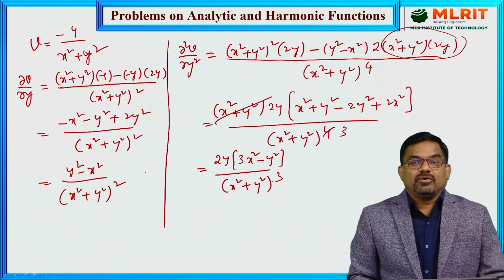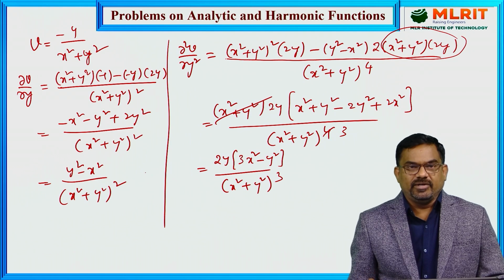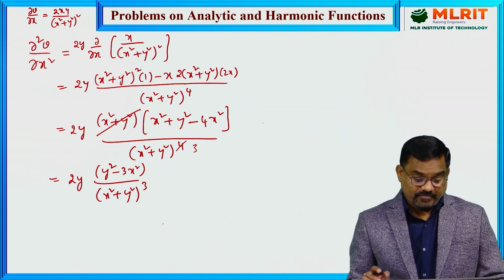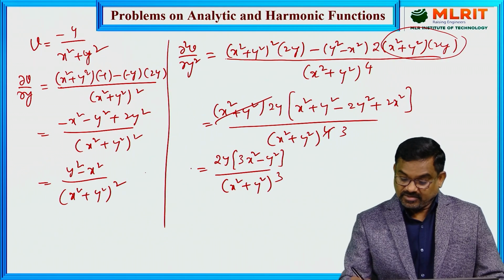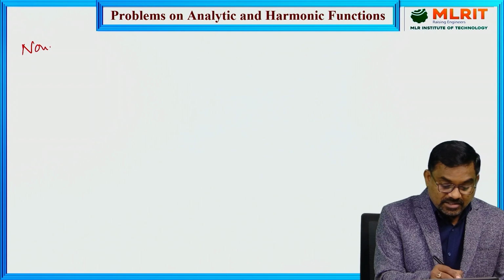So we have obtained both second order partial derivatives of v with respect to x and y. So this is equation 1 and this is equation 2. Now let us add these two.